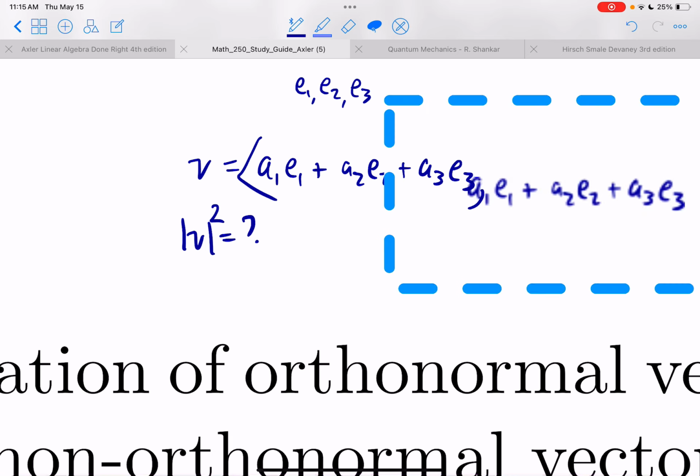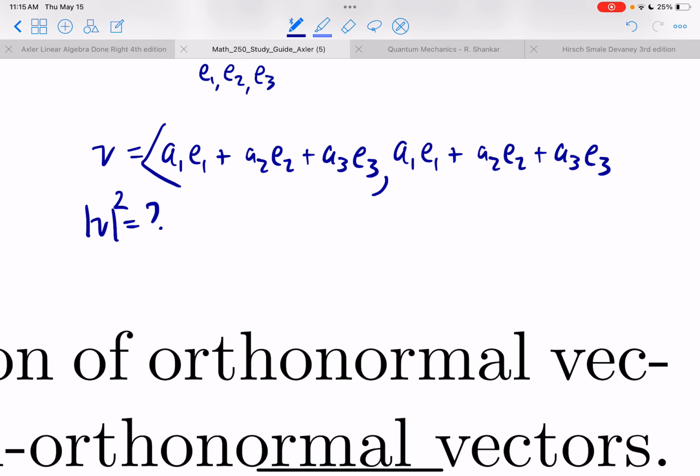itself. And what you're going to do is all the cross terms are going to be 0, right? By linearity, we can do this dot this, which will be a1 bar. So this one has to pull out with a bar, and this one has to pull out without a bar. And we get e1 dot e1, which is 1. Then e1 dot e2 will be 0, dot e3 will be 0.